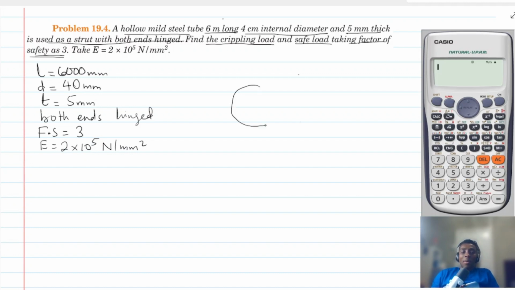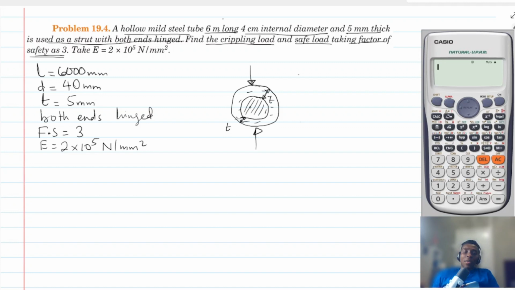You have a cylinder, and you have a cross-sectional area. So let's say this is the smaller diameter, and the one outside here is the bigger diameter. The space between the small and the big is what we call the thickness. So from here to here is thickness, and this is also thickness.